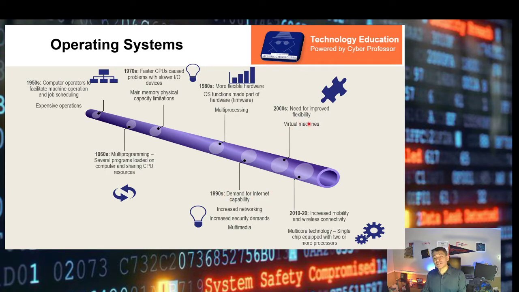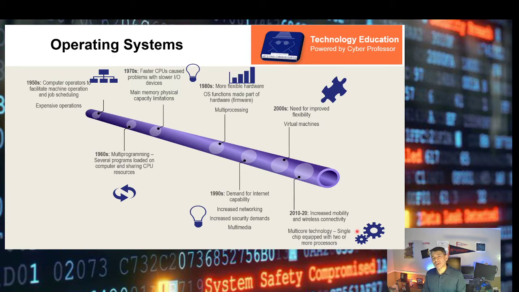In the first decade of the 21st century, the need for improved flexibility came into place. Virtual machines appeared for the first time, and the operating systems needed to adjust to the demands of virtual machines. Then in the last decade, from 2010 to 2020, increased mobility and wireless connectivity came into effect.